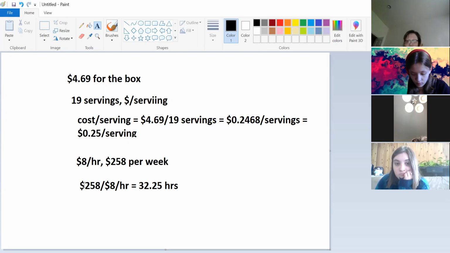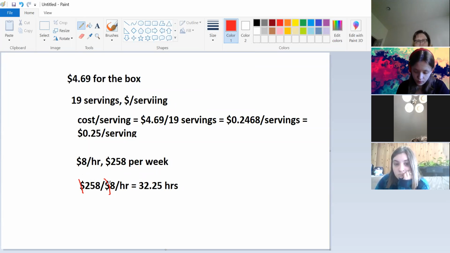Just so you know, by doing this, I know I can cancel, since that's on the top, that's on the bottom, that dollar sign goes away.